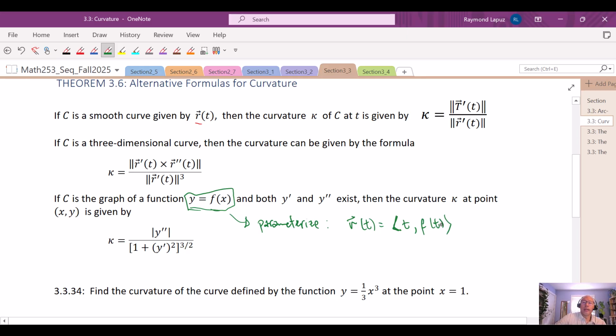So having this parameterization, you can put it through this kappa formula, and then you're going to get this new kappa formula that is just restricted to a special set of functions.